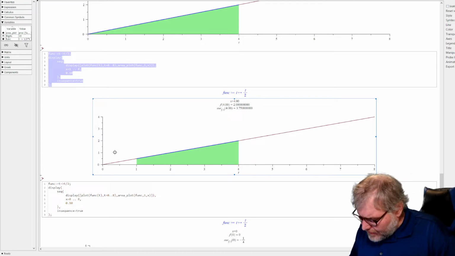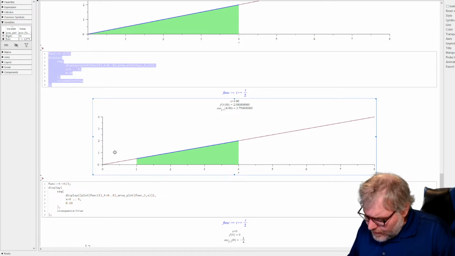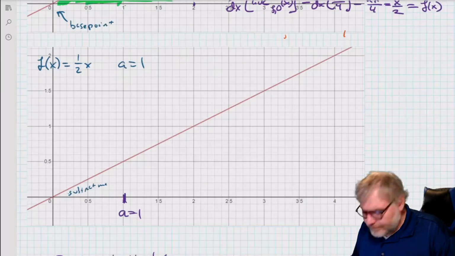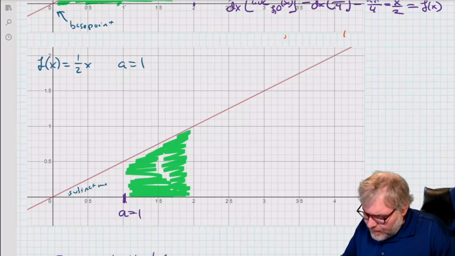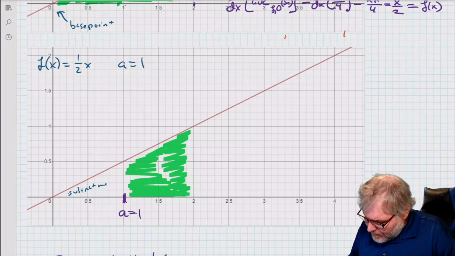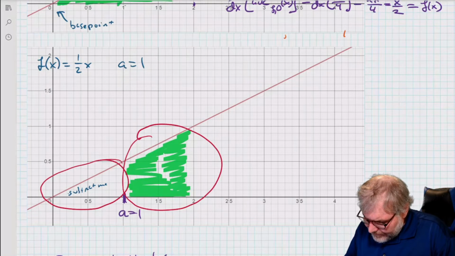So let's say I want to compute from a equals 1. Let's say I want x to equal 2. In order to compute this for x equals 2, I'm going to compute this area here, and then I'm going to subtract that area there.